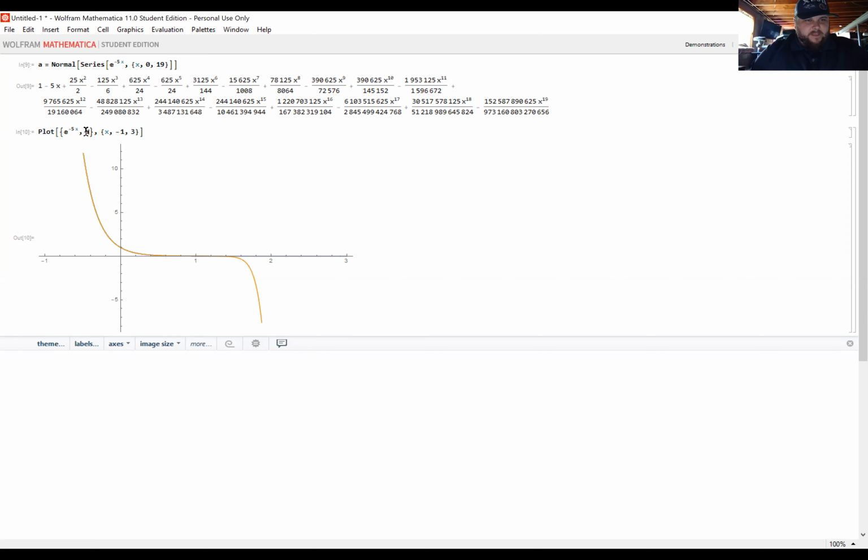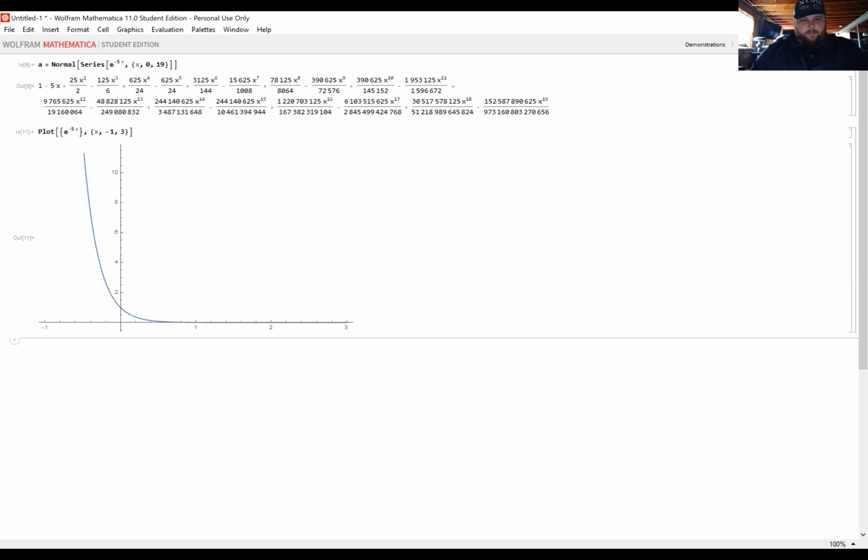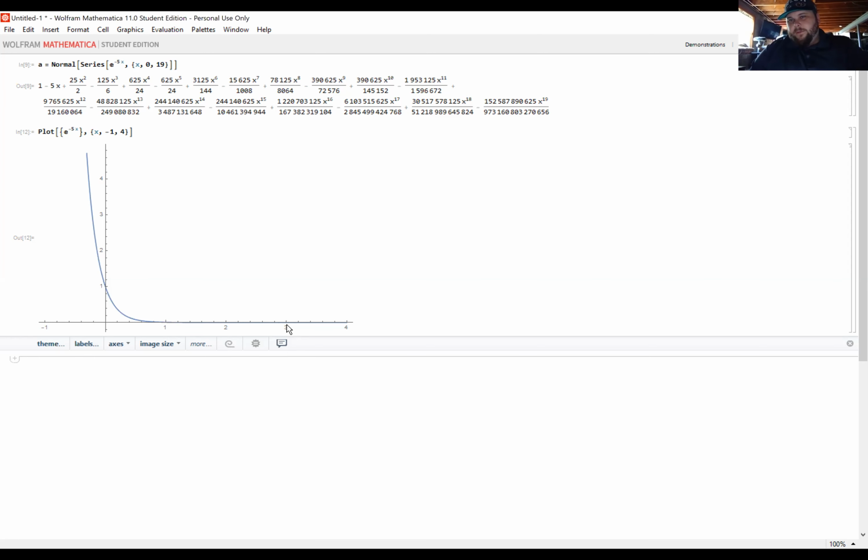Let me get rid of the approximation first. So that's what e to the minus 5x looks like. Okay, right, it's an exponential, it's negative, so it starts up high and then it decreases. And notice it falls off. So out here at 3, it's some really small number, close to 0, which we calculated was 3 times 10 to the minus 7.